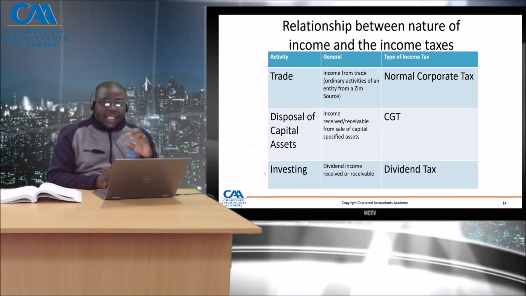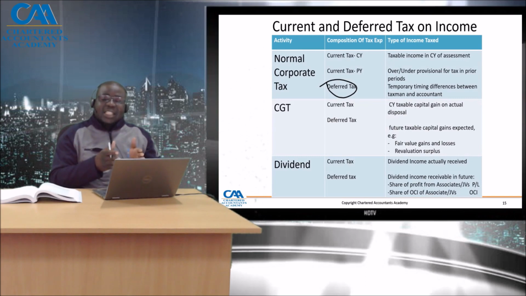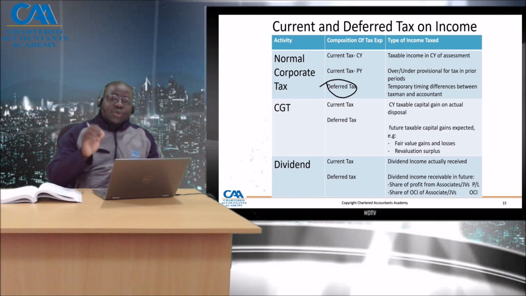Under normal corporate tax, an entity makes income. Some of the income is supposed to be taxable now. As an example, the Income Tax Act requires that income is taxed at the earlier of accrual or receipt, meaning you are taxed when you accrue a debtor, when you have sold your goods, even though it's before receiving money.